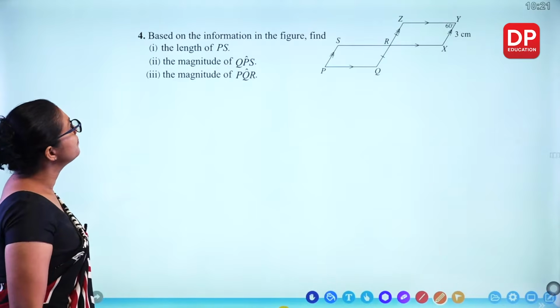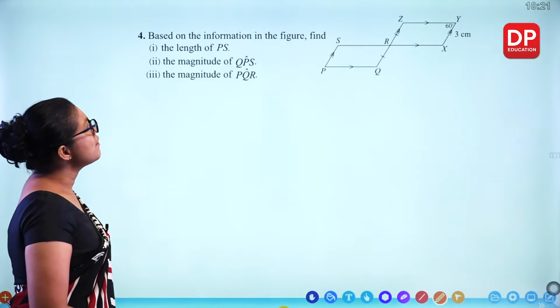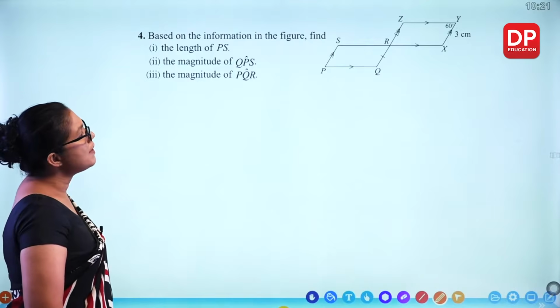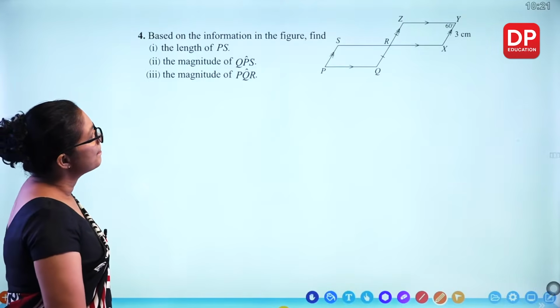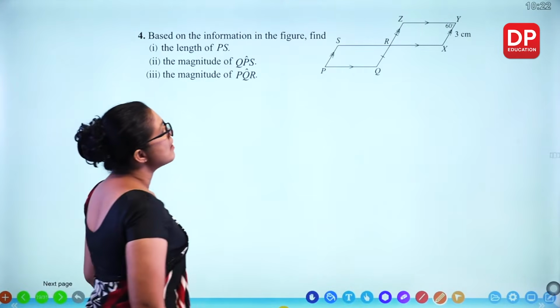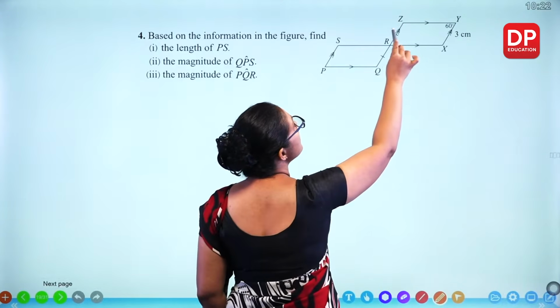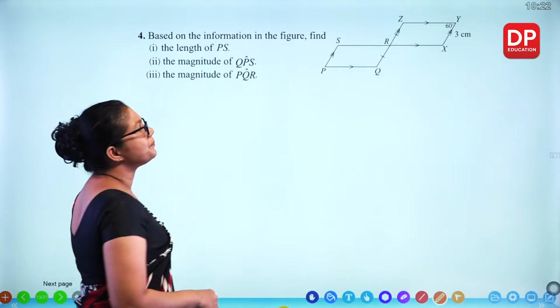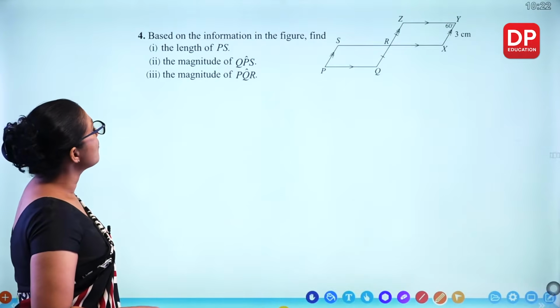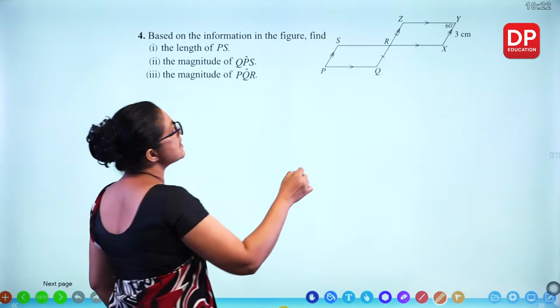Question number 4. Based on the information in the figure, find the length of PS. Here, PQRS is a parallelogram. XYZ is also a parallelogram. PS is here.